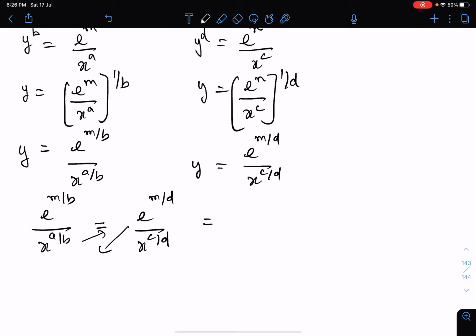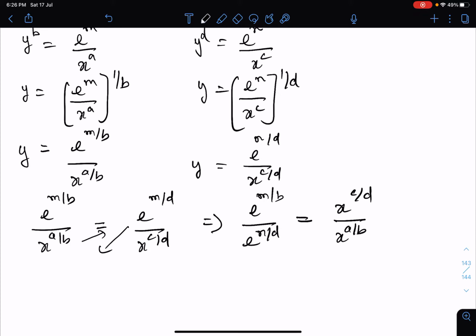So you will get e^(m/b) by e^(n/d) equal to x^(c/d) by x^(a/b). We have to cross multiply, that's all.